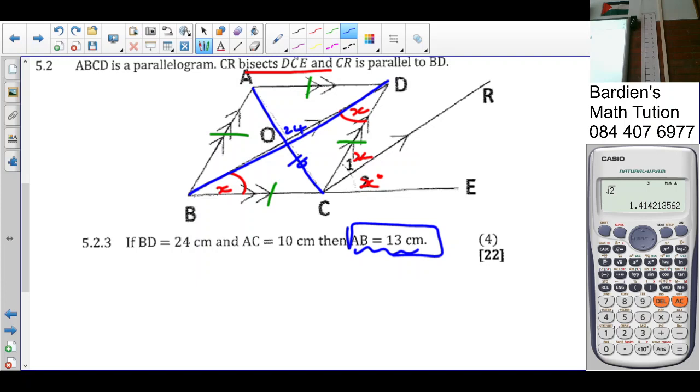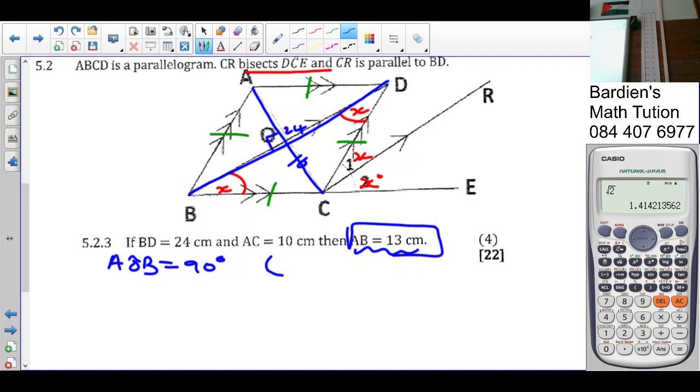Since the diagonals in a rhombus are perpendicular, I can use Pythagoras. But since it is not on the diagram, I must state it. So we firstly say that AOB is equal to 90 degrees. There are three such shapes where diagonals are perpendicular: the rhombus, the square, and the kite.